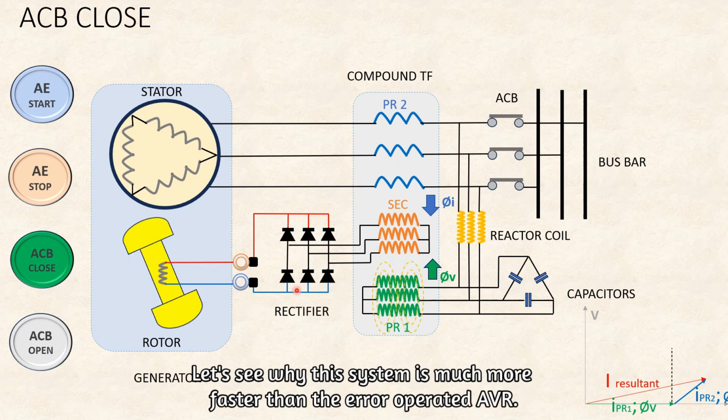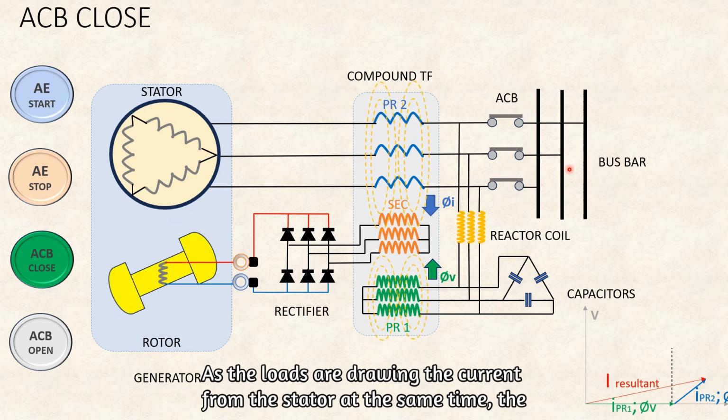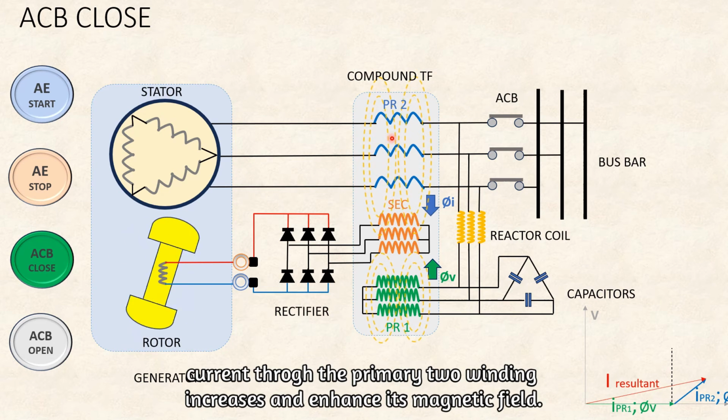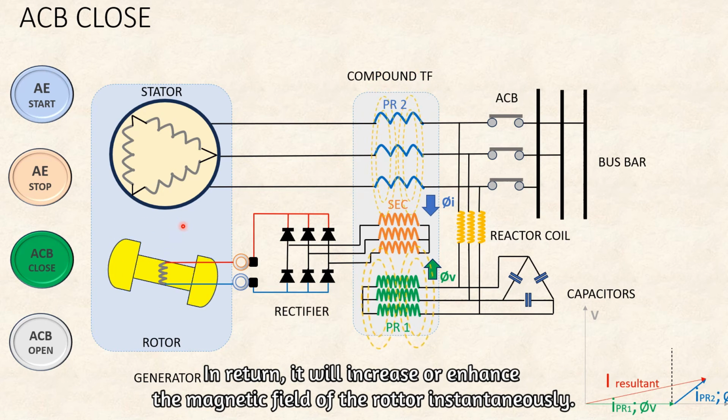Let's see why this system is much faster than the error-operated AVR. In this configuration, as the loads are drawing current from the stator, at the same time the current through the primary two winding increases and enhances its magnetic field. In return, it will increase or enhance the magnetic field of the rotor instantaneously.